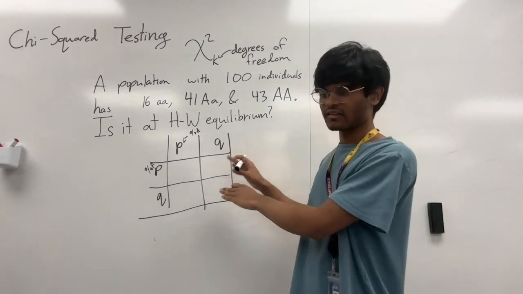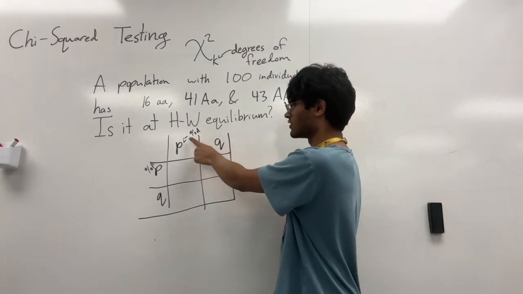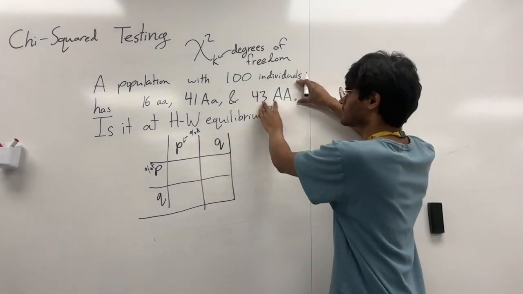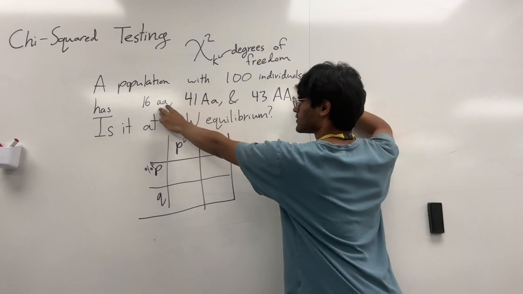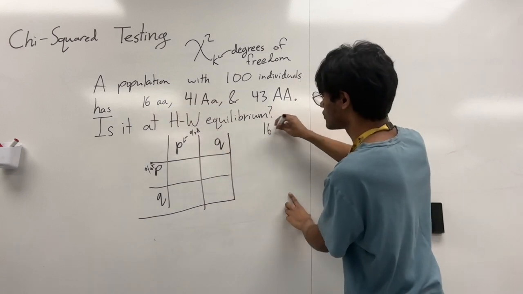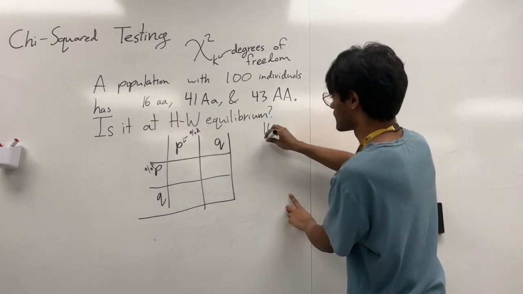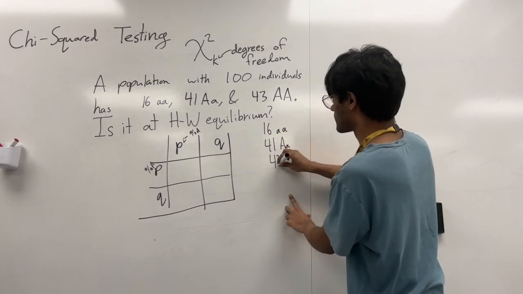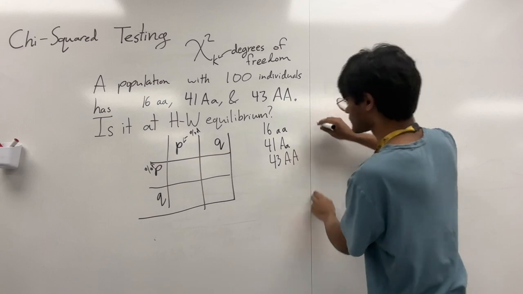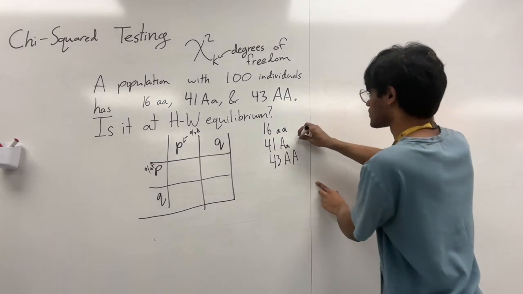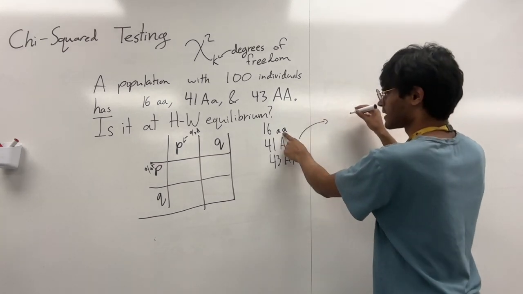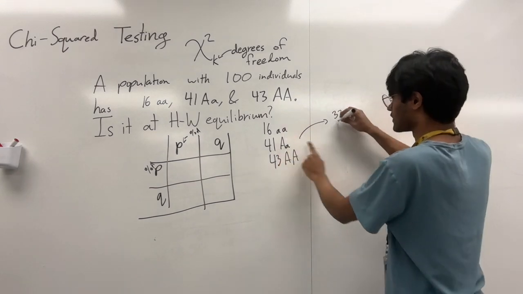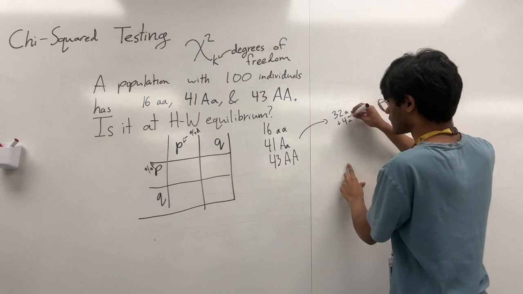Before we can get to that, we need to calculate the percentages of each allele. Starting off with these numbers, we see 16 individuals are little a, 41 are big A little a, and 43 are big A. From these, we can count that we've got 16 times 2, so 32 little a's from here, plus 41 little a's from here.